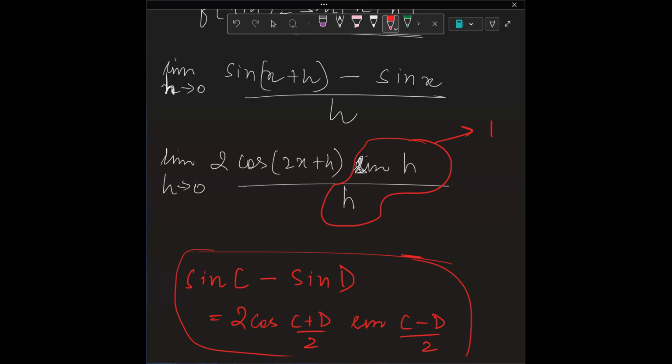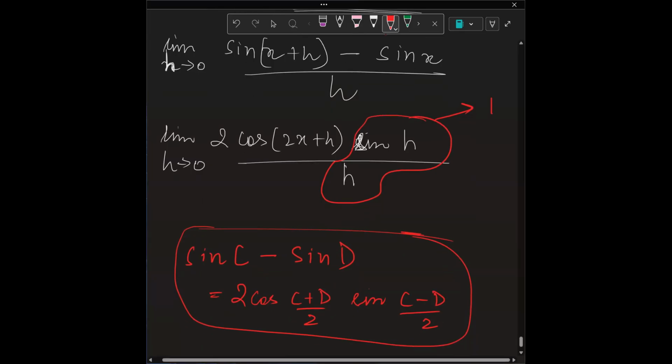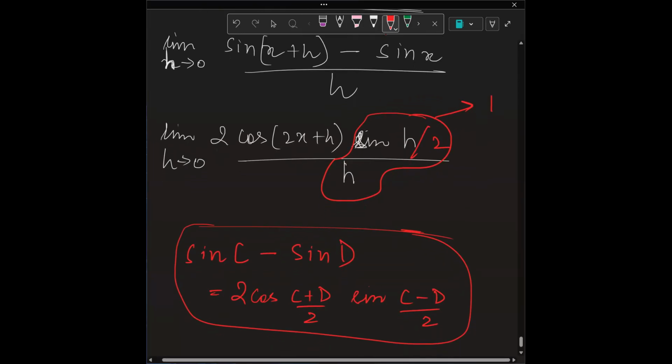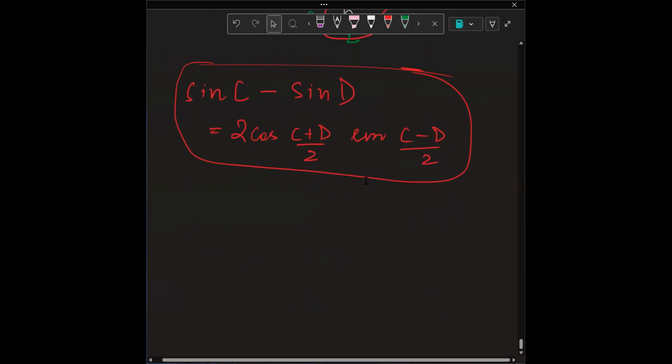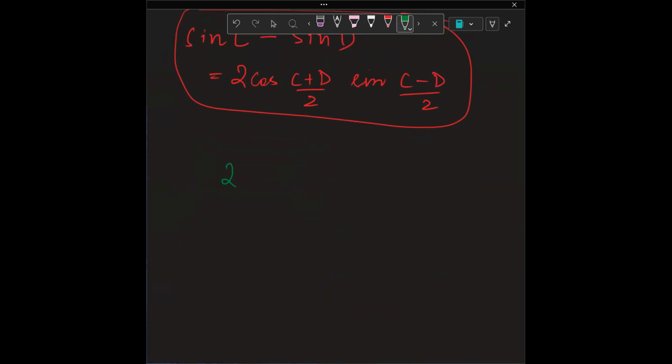You have sin h by 2, so you have to make it sin h by 2 over h by 2. Just divide by 2 and multiply by 2. So this is going to be 1. And in the numerator you have 2 cos((2x plus h) by 2).